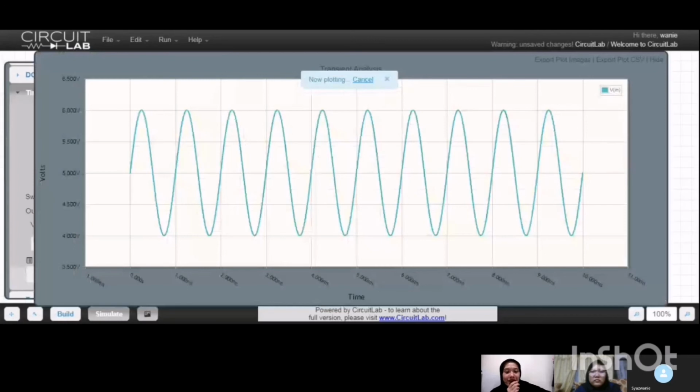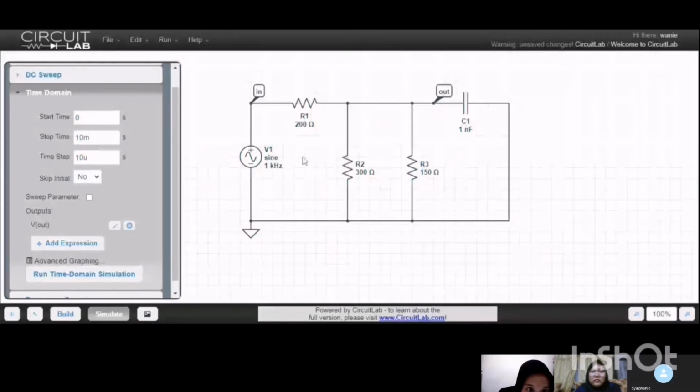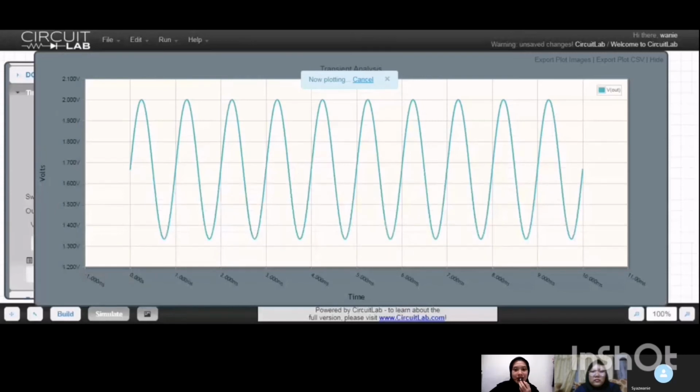Now this is the graph for the input waveform for 1 nanofarad. Let's look at the output waveform. Go back, then press the out box and run. Here is the output waveform for 1 nanofarad.